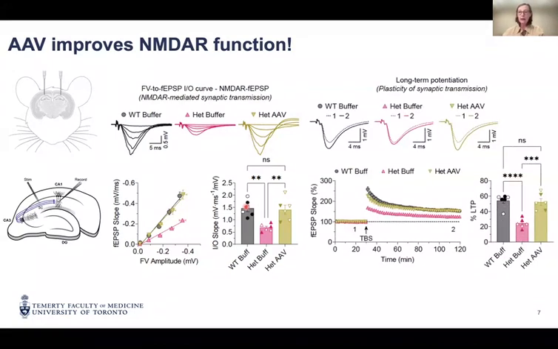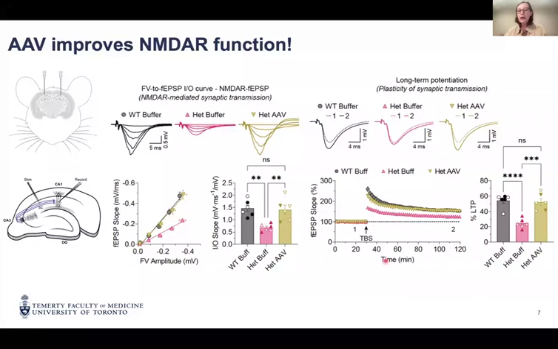The other thing that they can do is to look at experience-dependent plasticity, or when you activate a synaptic connection over time, it should strengthen. And that process relies on NMDA receptor function. So this is another way of looking at NMDA receptor function.